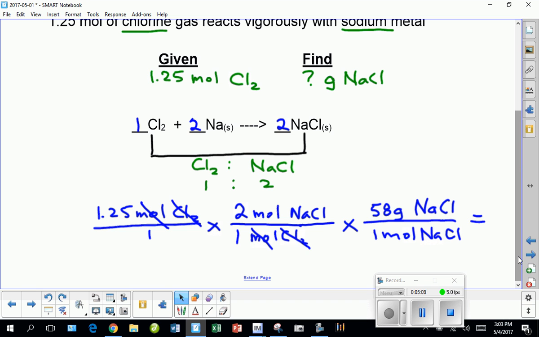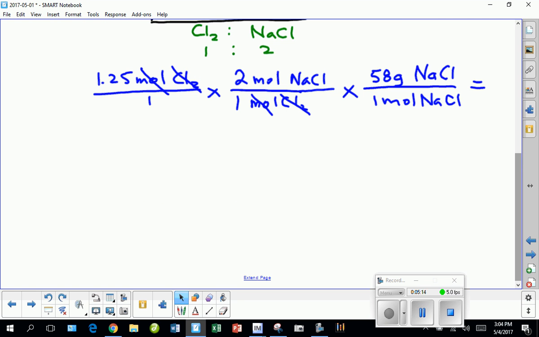The calculation is still on the simple side. In this particular calculation, we do not need to worry about dividing. Yeah, so we can just multiply straight across the top. Does someone have a number? 145? That's a reasonable number for the three things that we're multiplying. 1.25 becomes 2.50.